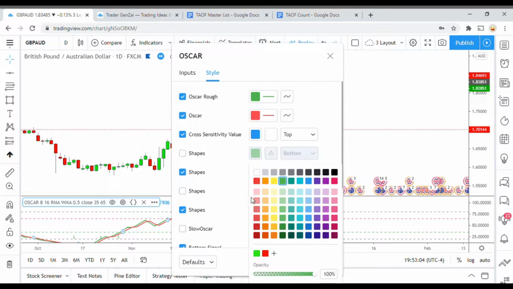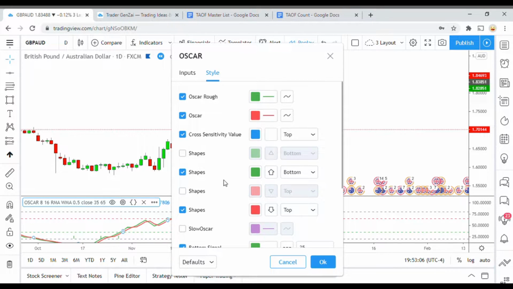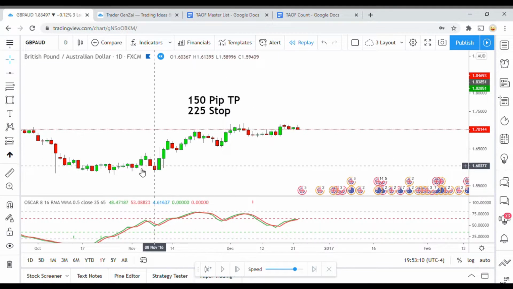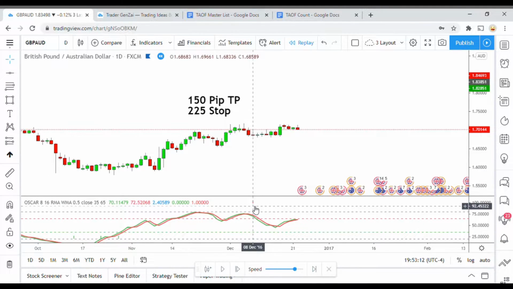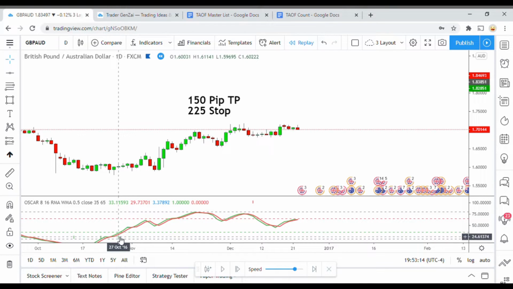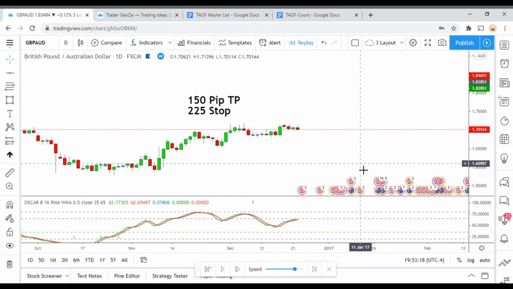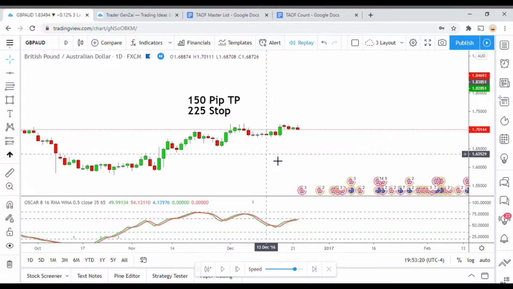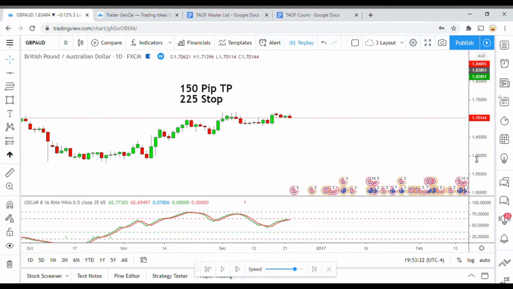Played around with it a little bit, but it doesn't seem to be a way to do that. So you can barely see the little dash right here. It's an arrow, and that will be our signal to go either long or short.